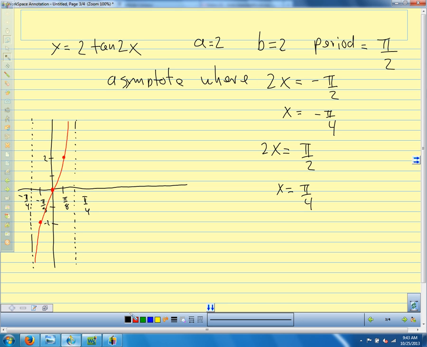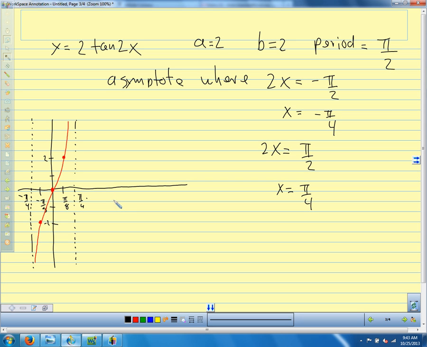To graph another period, I'm just going to add one period to where this asymptote is, at pi over 4, and sketch another asymptote. So what's pi over 4 plus pi over 2? I want to go out pi over 2 units past this asymptote to find another asymptote. 3 pi over 4.